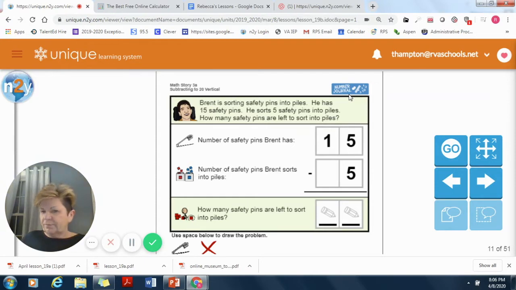Very good. So let's put our number in. 0 in the ones column. And what number is going in our tens column? 1 is going in our tens column. So 15 minus 5 equals 10. Very good.